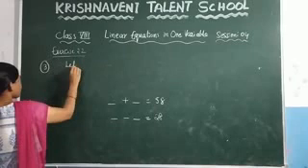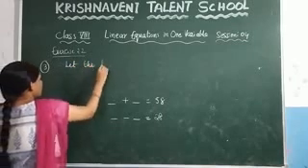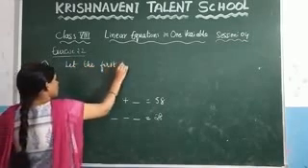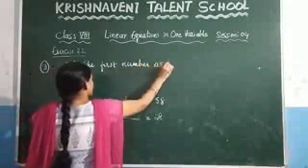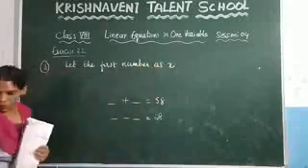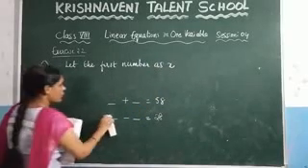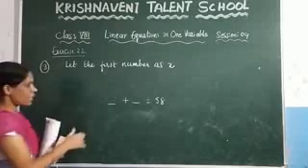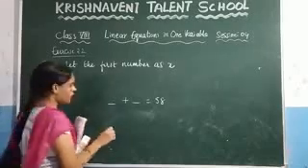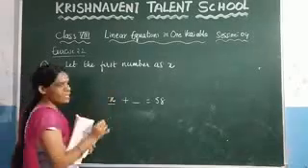Let the first number be x. Here, you know that what is the first condition they have given? If you add two numbers, you have to get the result as 58. Let us consider the first number as x.